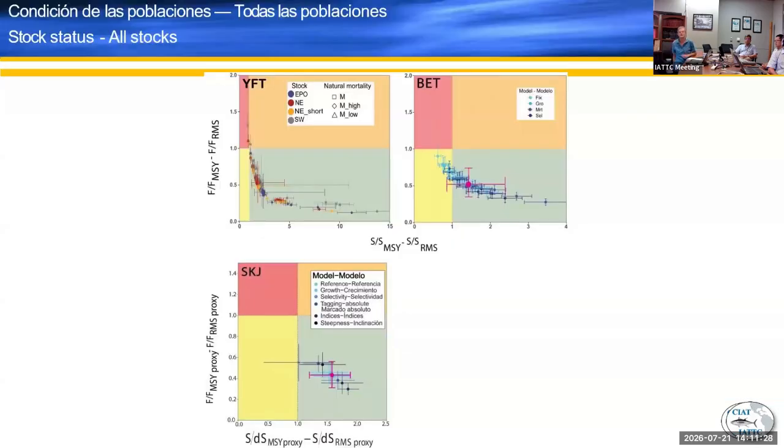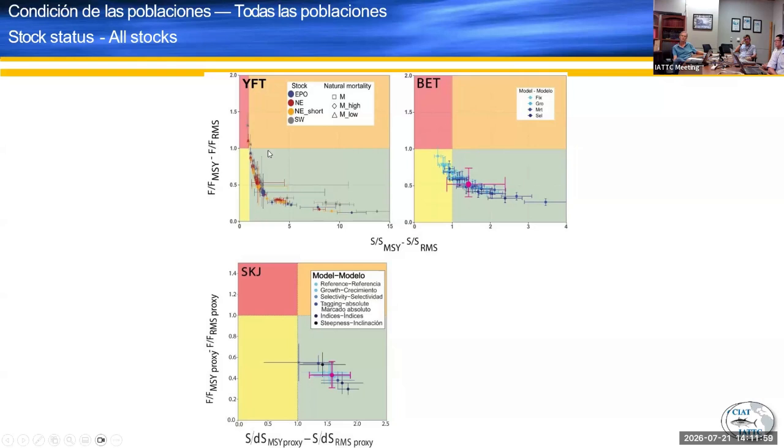This is just reiterating the status of the 3 species. In bigeye tuna here, yellowfin tuna, there are 2 different stocks: a northeast stock, which covers the main dolphin associated fishery, and then a southwest, which is predominantly floating object fishery.